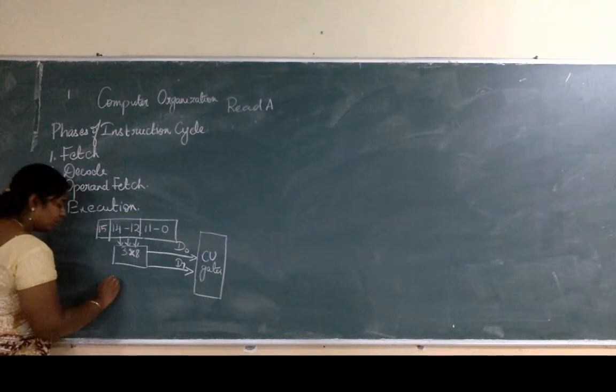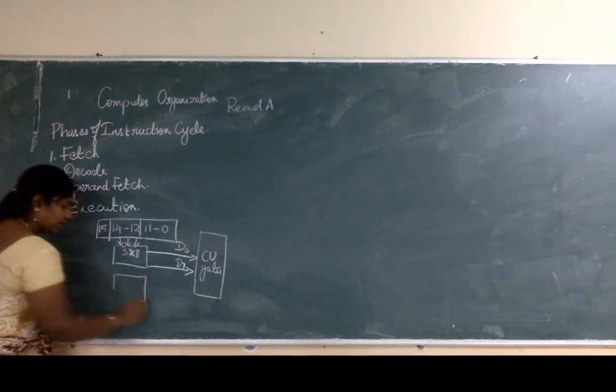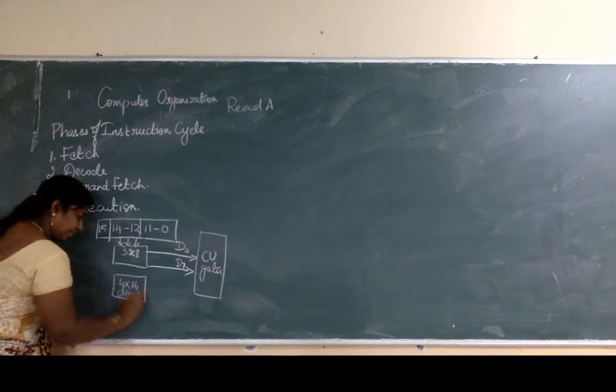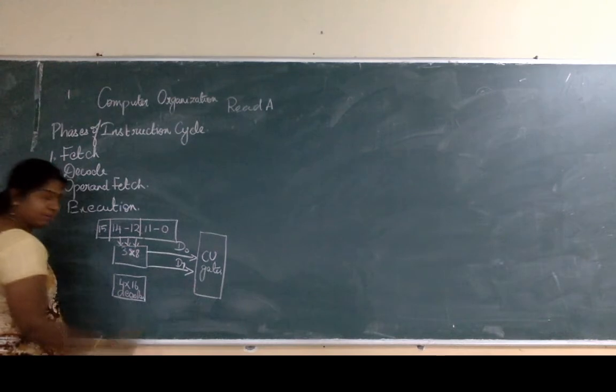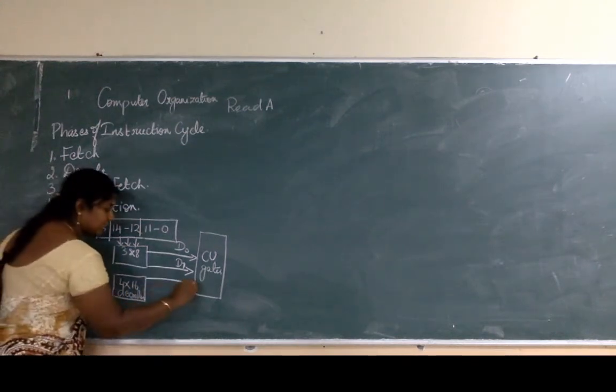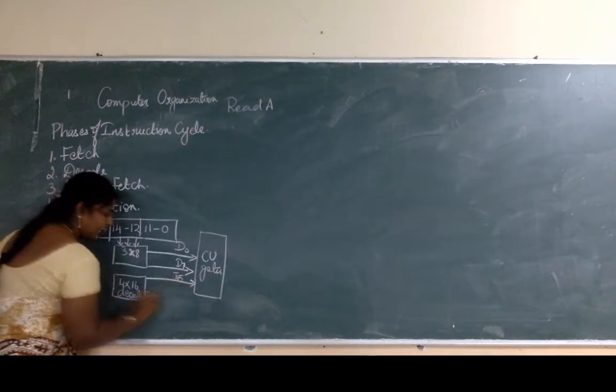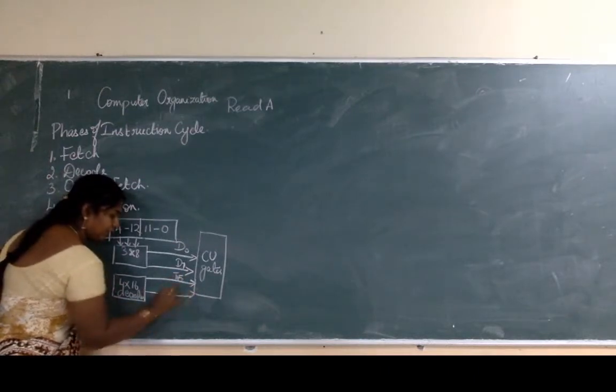And we also used another circuit, which is a 4x16 decoder, for generating timing signals. The timing signals are from T0 to T15.